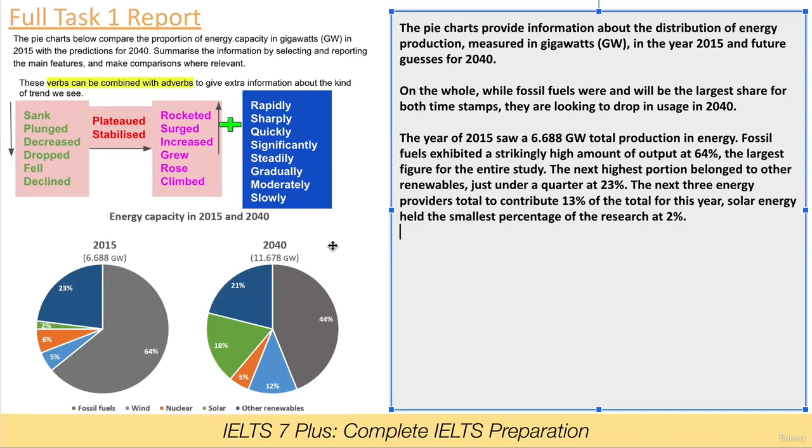The next highest portion belonged to other renewables, just under a quarter at 23%. The next three energy providers total to combine to contribute 13% of the total, maybe overall for this year. Solar energy held the smallest percentage of the research at 2%.